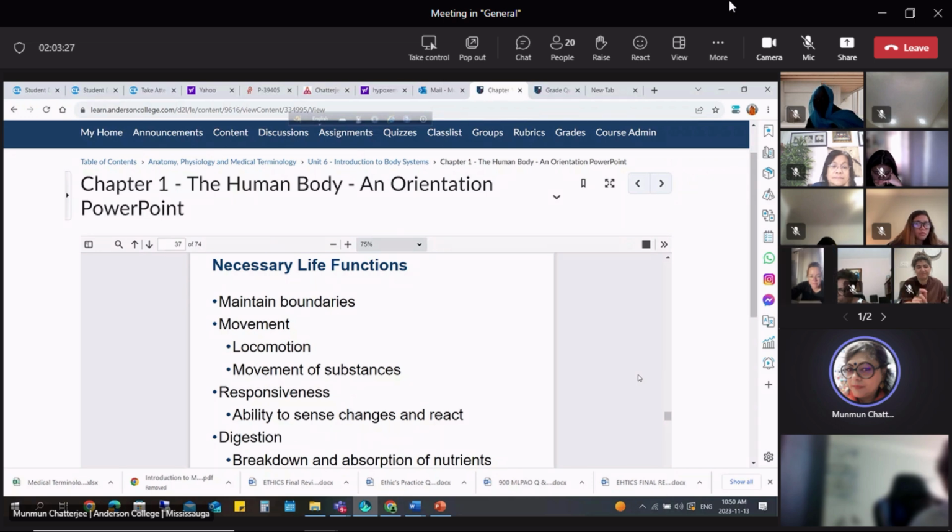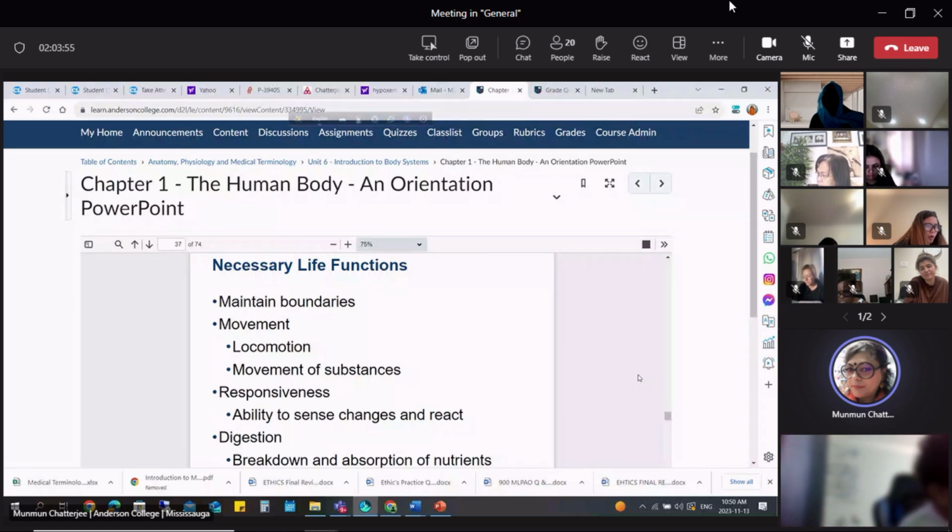The integumentary system mainly protects you. It's the skin and boundaries, that is mainly how it protects your body. Responsiveness is mainly the responsibility of the nervous system, and also when the nervous system receives the stimuli, it gives the order or sends the signals to different parts of the body. That is also one part of responsiveness, but first, everything is the responsibility of the nervous system.